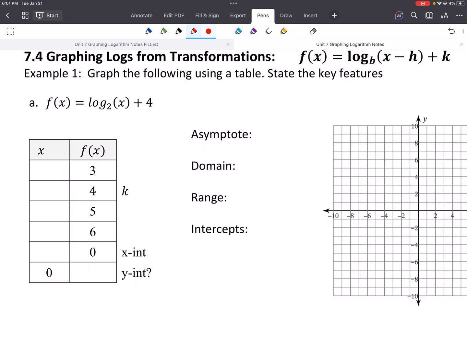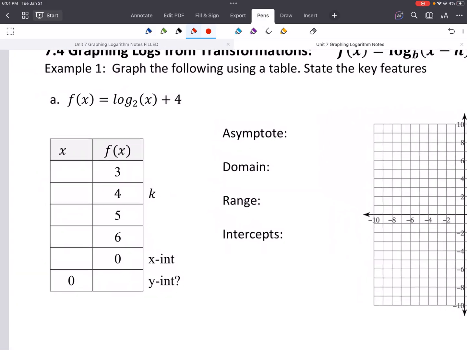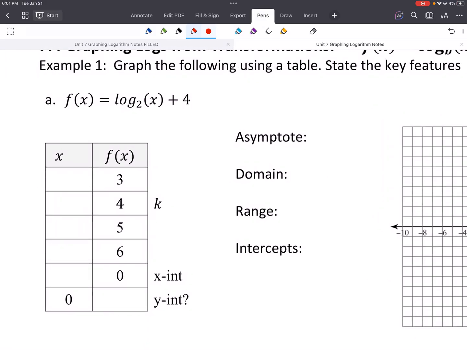And then you'll need to find the asymptote, domain, range, and both of the intercepts that I just talked about. It's helpful when we do these problems that you write your equation in exponential form. So here, if you want this to be a y, that's fine, and we would want to get rid of the log, so we'd get 2 to the y. Sorry, I messed that up already.